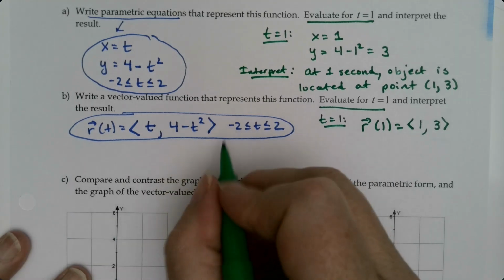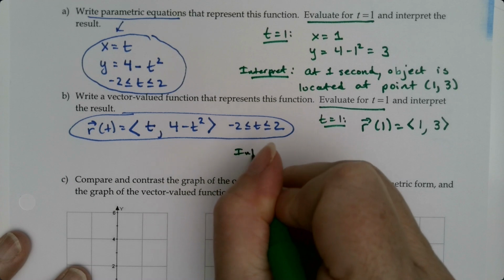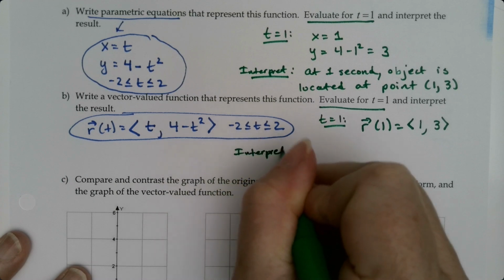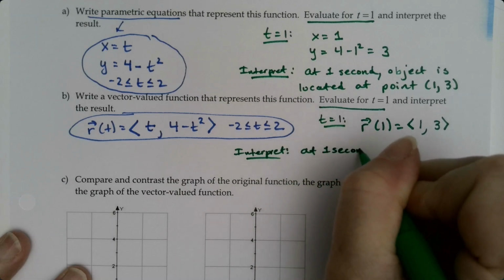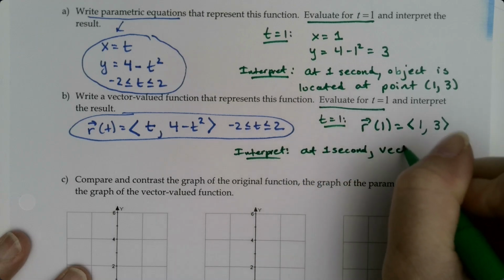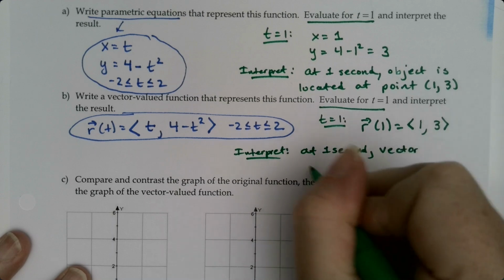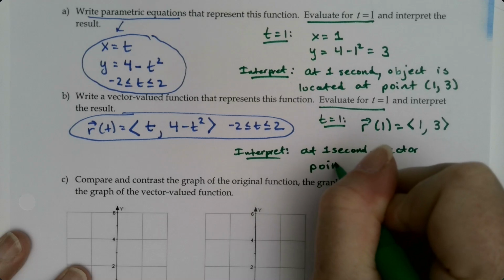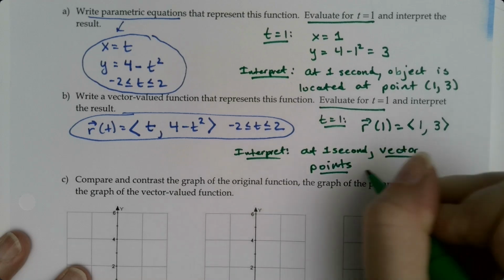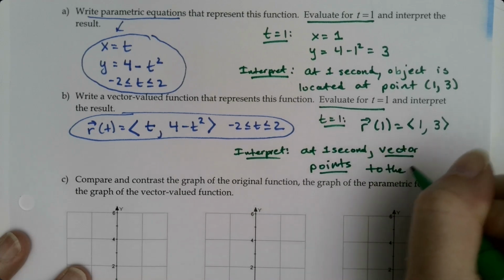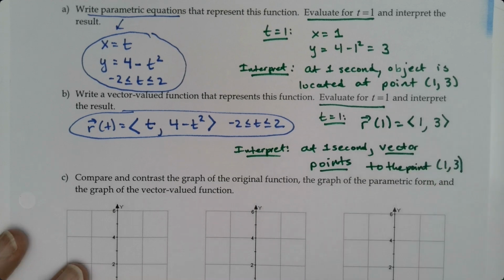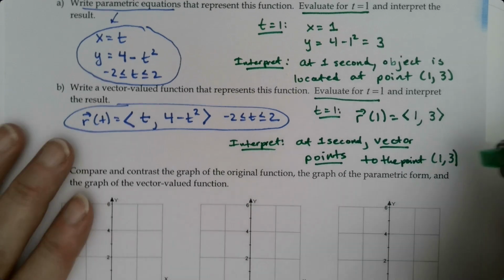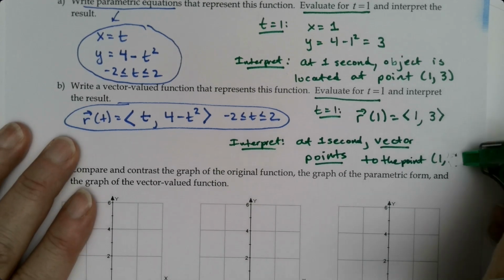So the interpretation would be at 1 second, the vector is pointing to the point 1, 3. It's a vector, not a point, right? It's not a dot. It's a vector going from the origin to that dot.